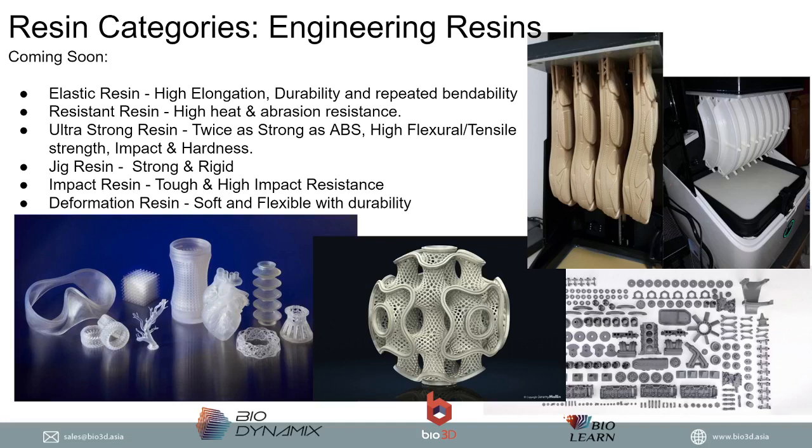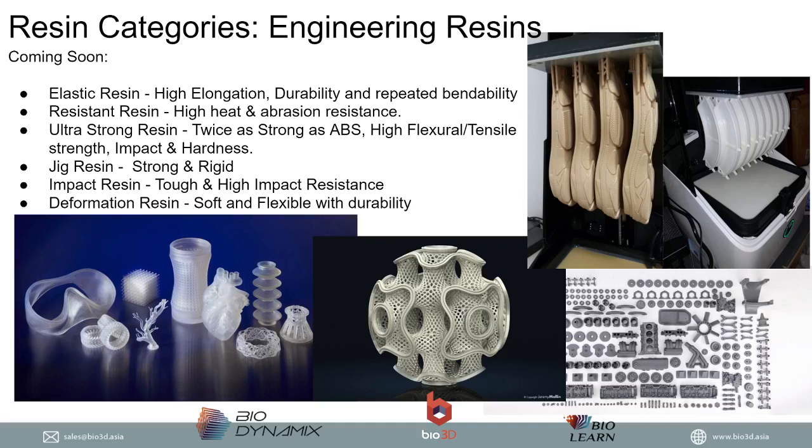Then we shall talk a little bit about the deformation resin. So this is soft and flexible with a high durability factor. So what this means is you could potentially use this resin to print ventilation pipes, perhaps for a respirometer, because it's a soft and flexible material, but you can also bend it.